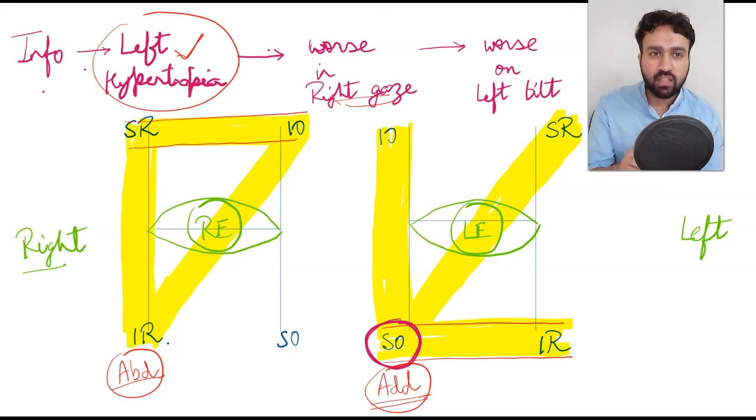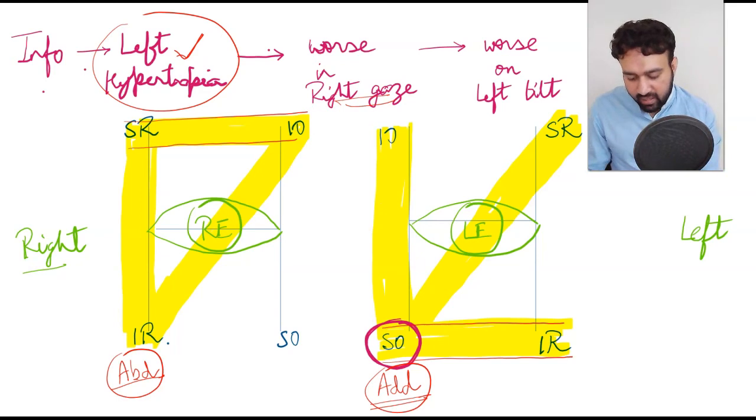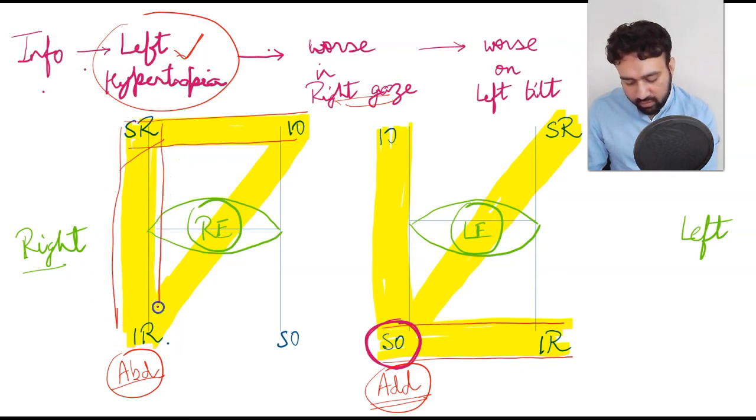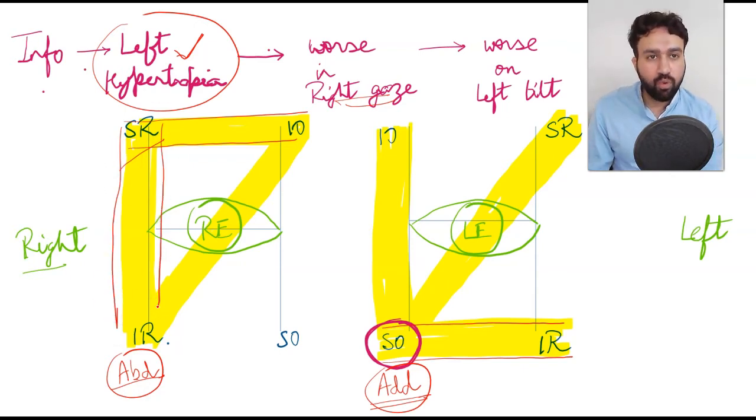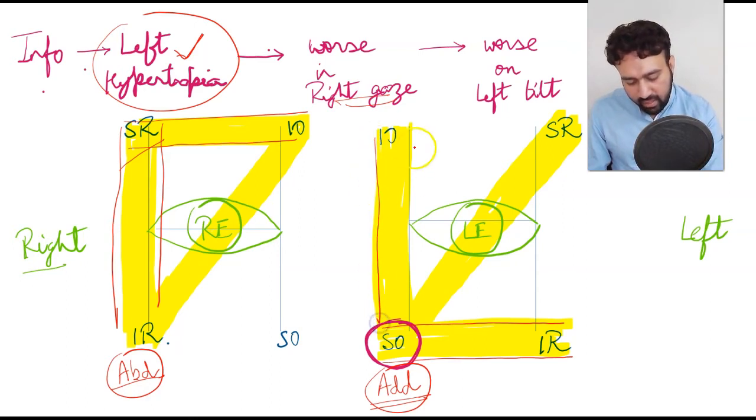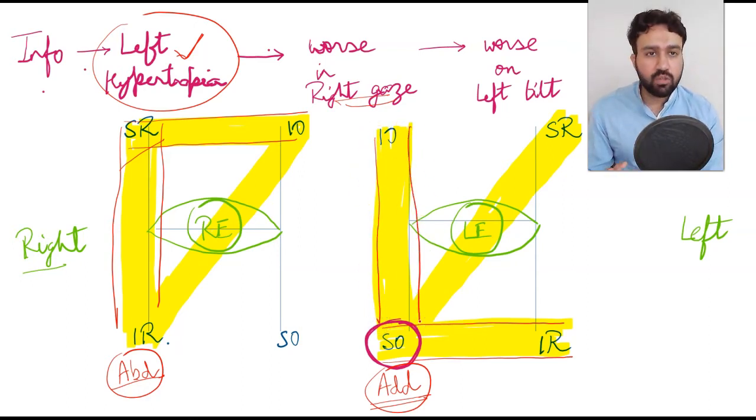So which are the muscles that act in the abduction in the right eye? They are the recti. So you can have either the superior rectus or the inferior rectus responsible for point number 2 in the right eye. On the other hand, in the left eye, which are the muscles that act in the adducted position? They are the obliques. So you've got superior oblique and inferior oblique, which can be responsible for point number 2.